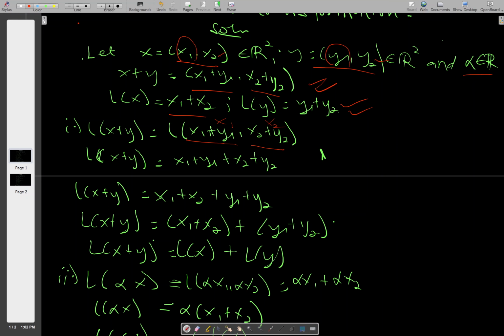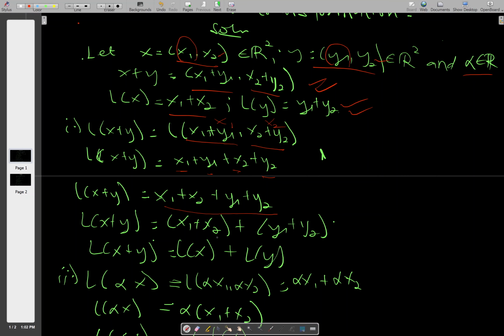So L of x plus y is given by x1 plus y1 plus x2 plus y2. Now we can group the x's and the y's, so we have x1 plus x2 plus y1 plus y2.